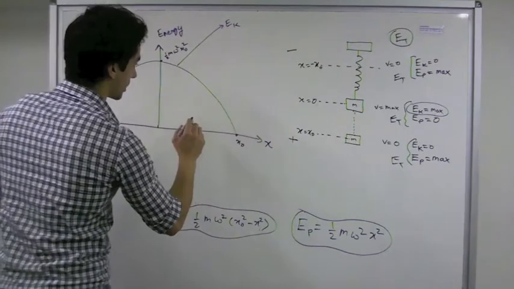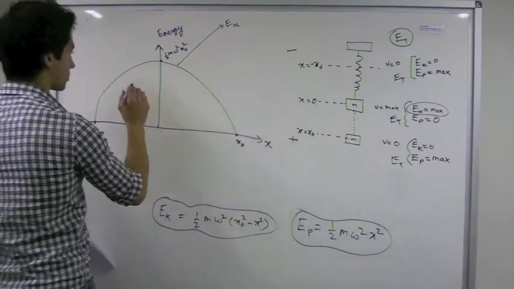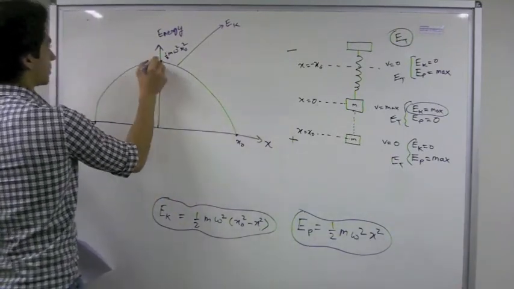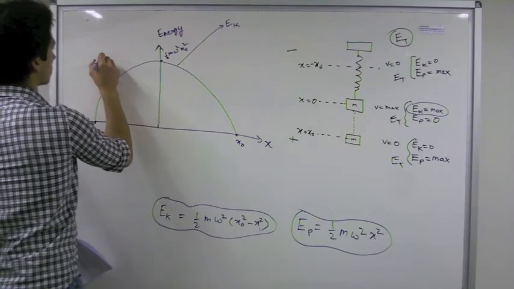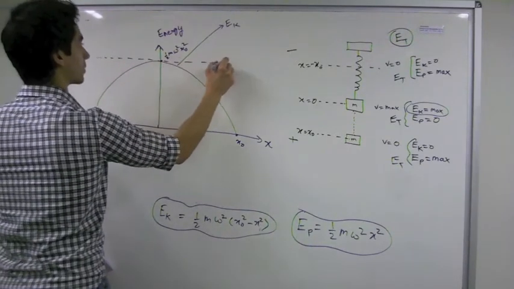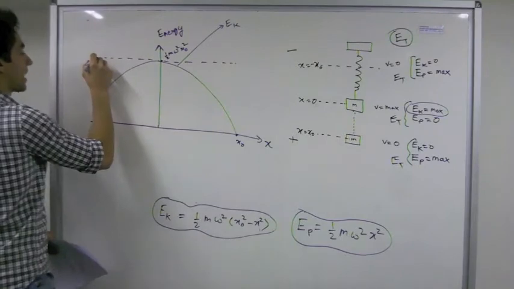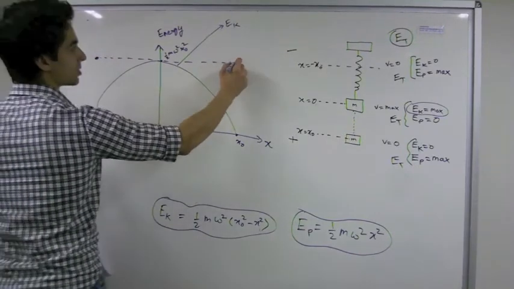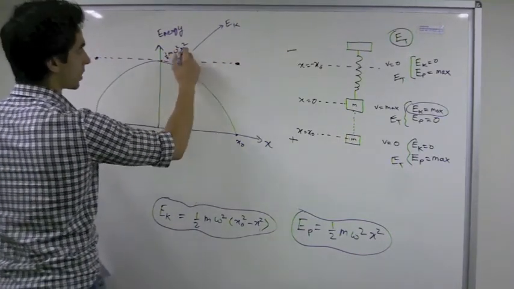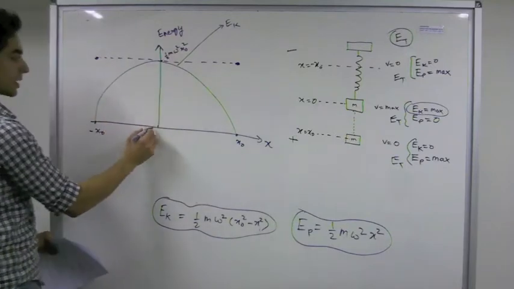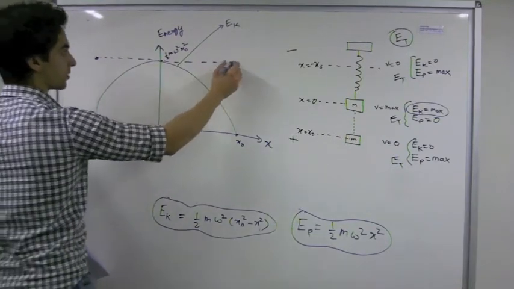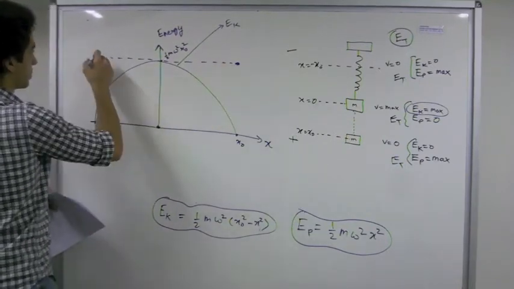Now for the potential energy, it would be the opposite of that. At the maximum position here, we have maximum potential energy, which is also equal to half m omega squared x naught squared, which is the total energy, and at the equilibrium position we have the potential energy equal to 0.